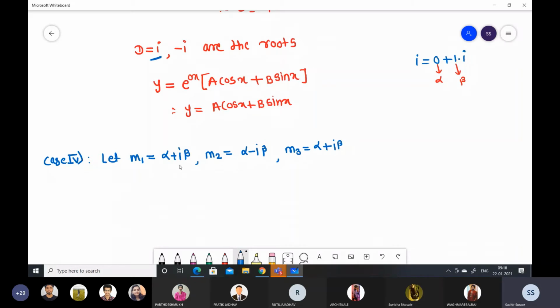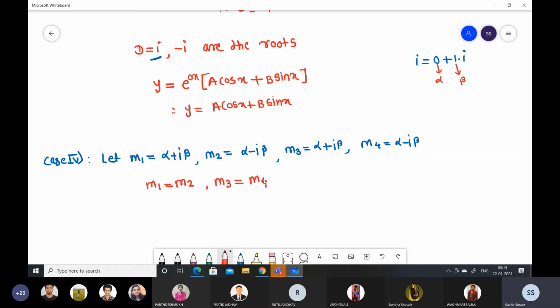Alpha plus i beta gets repeated, and by default its complex conjugate also gets repeated, right? So therefore m4 you will get alpha minus i beta. So what we have here is m1 is equal to m2 and m3 is equal to m4.